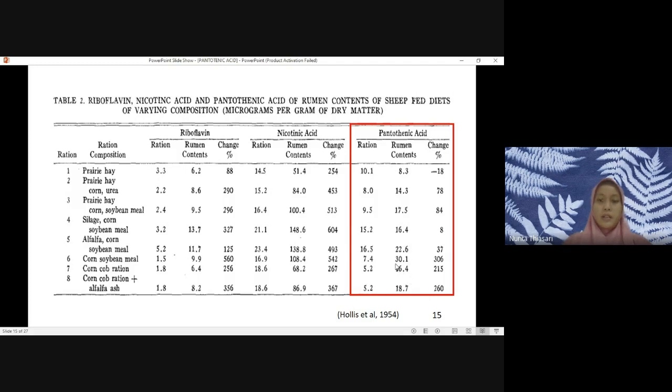And the highest result is ration number 6. The ration is corn and soybean meal. It has a higher amount of pantothenic acid because, as I mentioned before, the synthesis of pantothenic acid is related with readily available carbohydrate and the source of nitrogen for bacteria to synthesize the pantothenic acid.